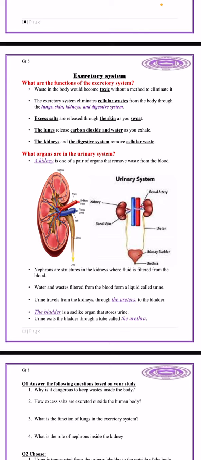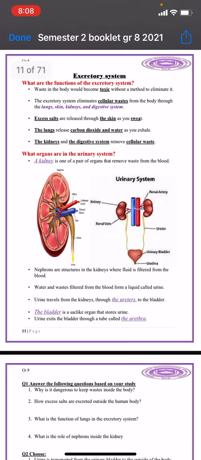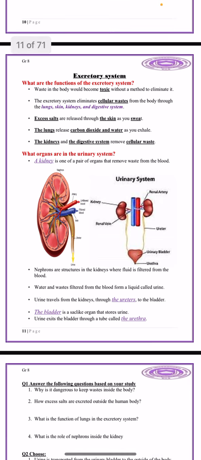Actually, all the toxins and waste will accumulate inside your body without being expelled out. And this will make the body toxic and enter the toxicity phase that for sure will affect your health and all the functions in your body. So the excretory system is very important to expel all the toxins that may be poisonous to the body.